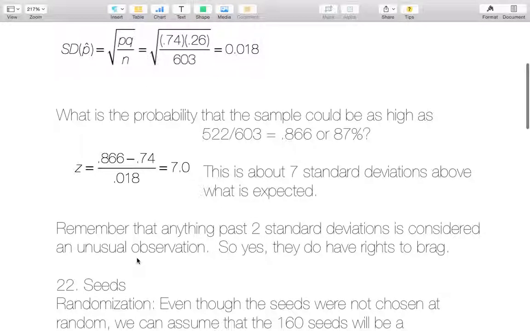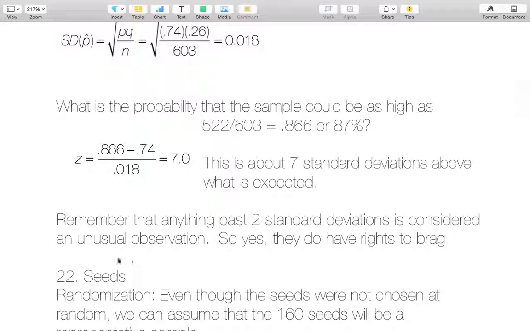So let's take it through the assumptions and conditions. At the bottom you can see randomization. If you think about the seeds that were in the packet, were they randomly selected to go into that packet? Well, probably not. They were probably simply thrown into the packet without consideration. But do you think that packet of seeds is a good sample from the population?